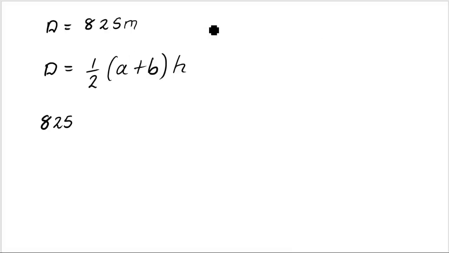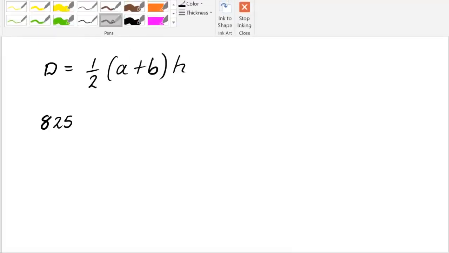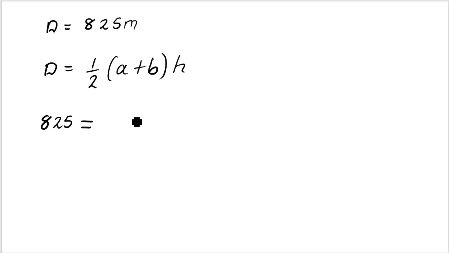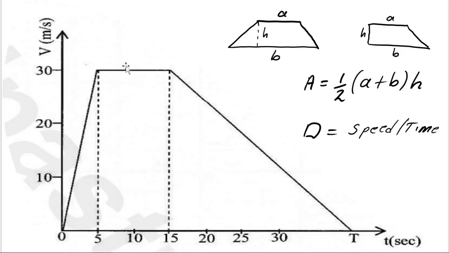Therefore, we are going to say 825 is equal to half. From our diagram, A is from this point to this point, which is from 5 to 15, which is 10. B is from 0 to T, which is just T.